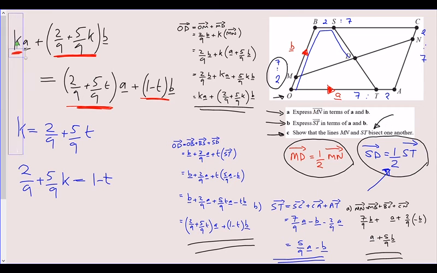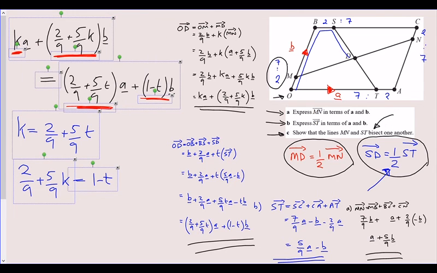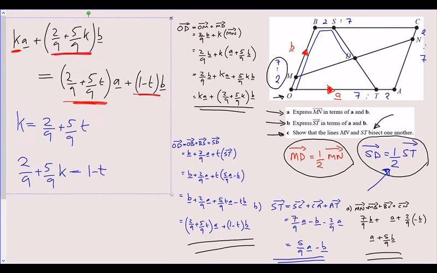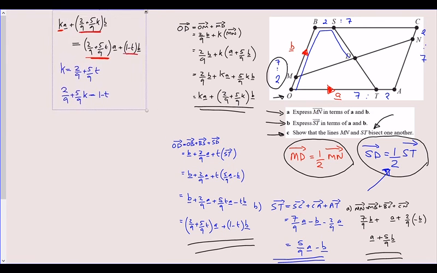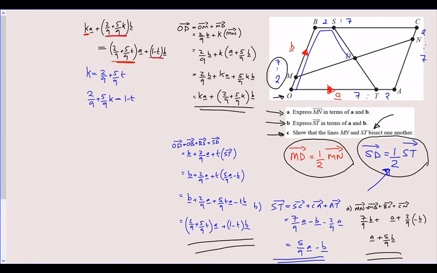So I need to make some space. Okay, just put that to one side. So how am I going to do that? Well, I think I'm going to focus in on this equation first. Maybe get rid of the 9s as a fraction. So I'm going to multiply both sides by 9.